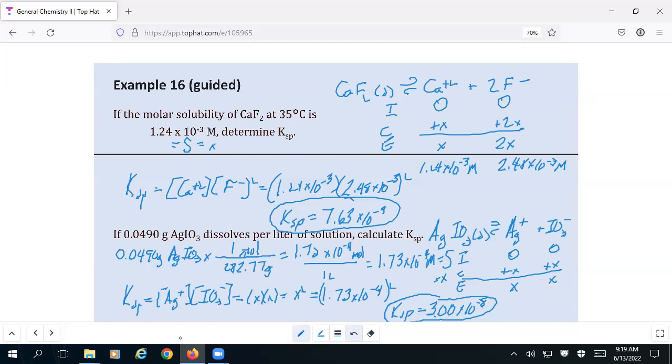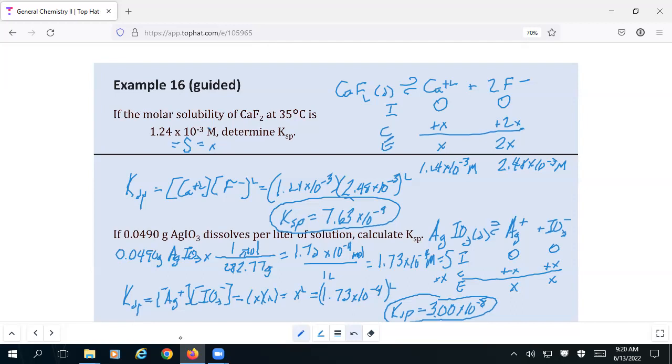Or sorry, its Ksp value is larger. But we can't go off of that assumption. Unlike when we were making comparisons of Ka or Kb, where because everything was 1-to-1-to-1, we could just look at, okay, this Ka is bigger, so it's a stronger acid. This Kb is smaller, so it's a weaker base. We can't do that here. We have to actually do the math.